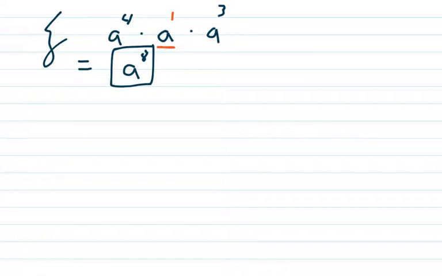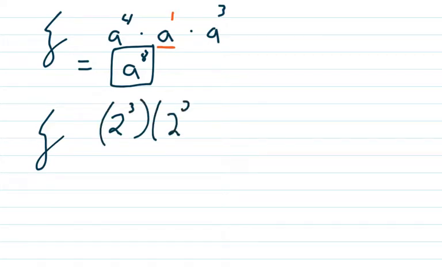Simple. Okay, let's do another one and we'll evaluate it this time. Let's go with 2 to the 3 times 2 squared times 2 to the 4. Now, what I don't want to see you doing is using calculators.